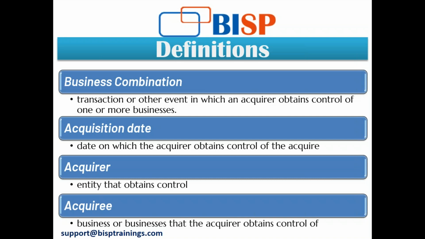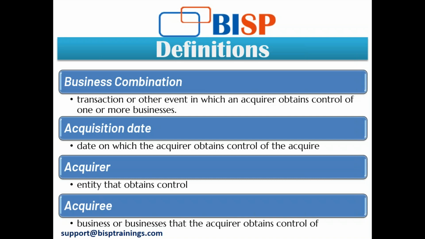And then comes the acquirer. The acquirer is of course the entity that obtains the control. We'll also refer to it as a legal entity, the owner, or the controller. These are the various words that are used for the acquirer.